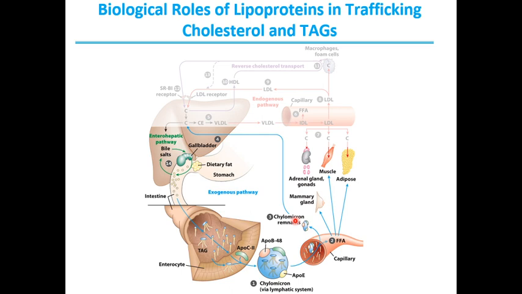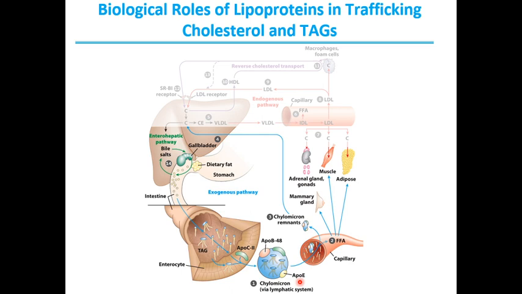Chylomicrons are synthesized from dietary fats, and it happens in the endoplasmic reticulum of enterocytes, the cells that line the small intestine. Chylomicrons, after getting synthesized, move into the lymphatic system and enter the bloodstream through the left subclavian vein.